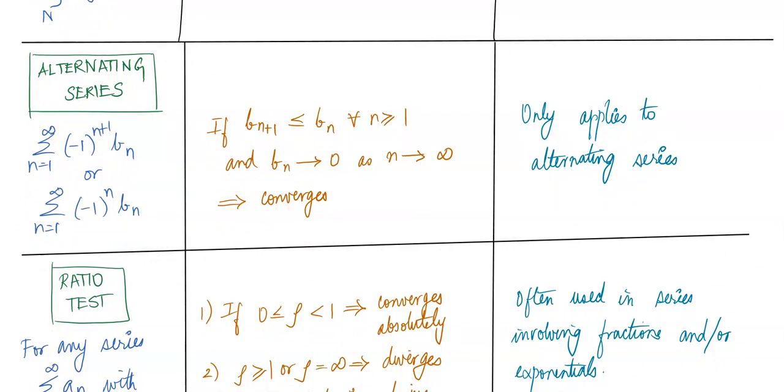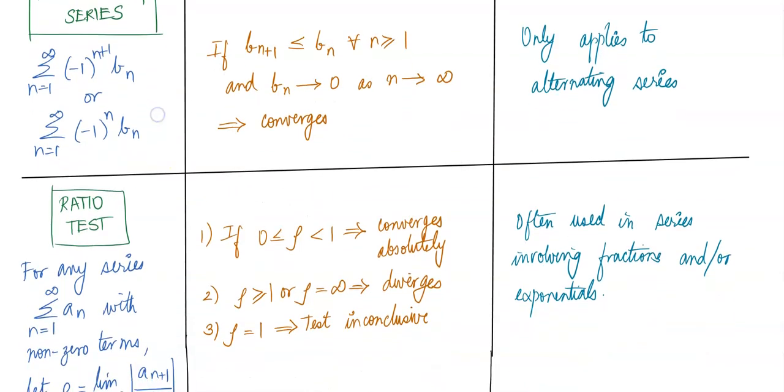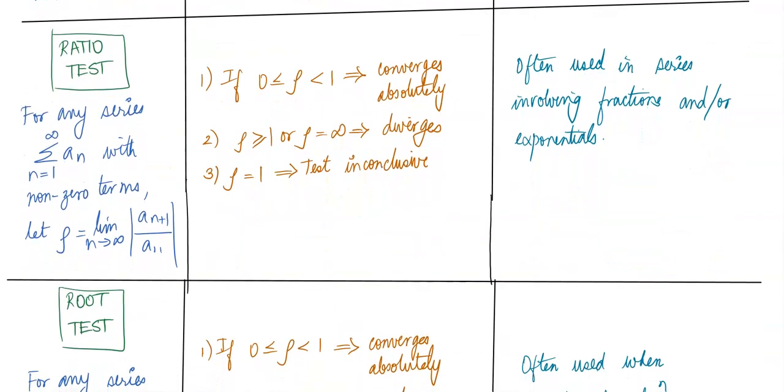Then you have the alternating series. As the name says, it can be applied only to alternating series, provided the conditions are satisfied, and this will prove convergence. We have the ratio test. We have three conditions that help us to understand absolute convergence, divergence, or inconclusive if rho is 1.